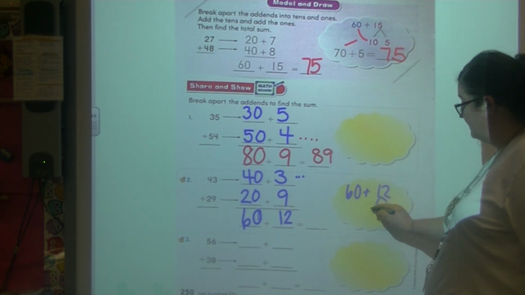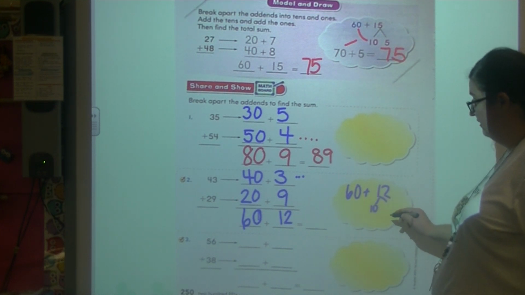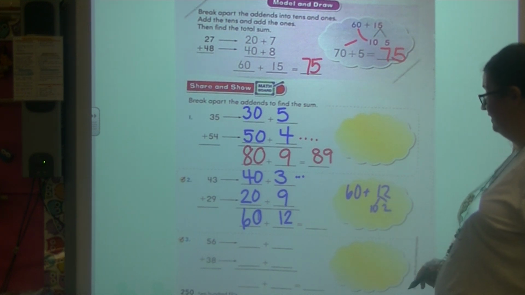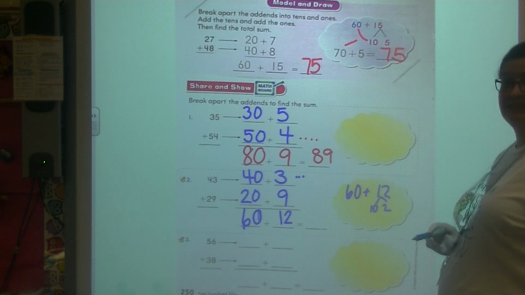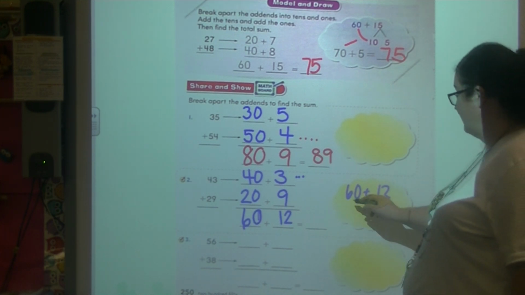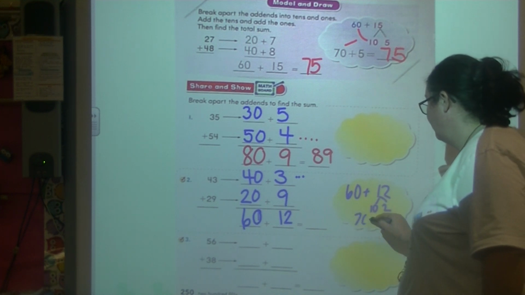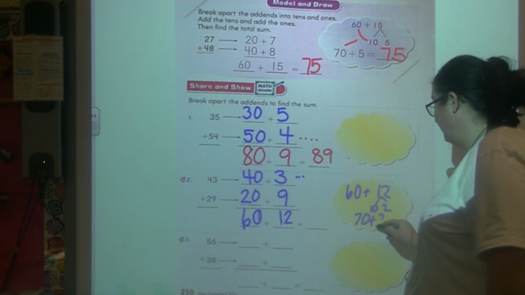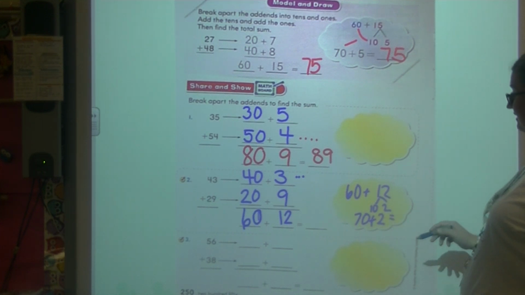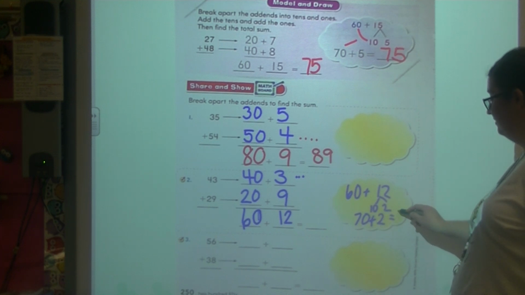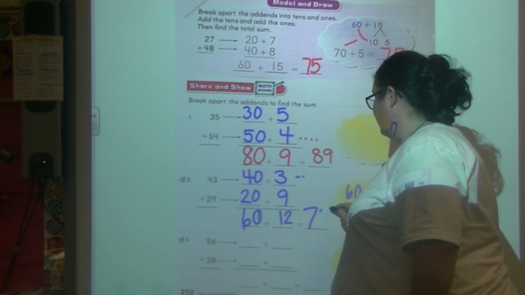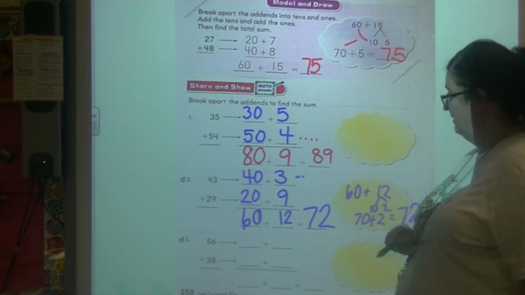So 12 is 10 plus what? 2. 10 plus 2. So now what's 60 plus 10? 70. So now I have 70 plus the 2 left over, 70 plus 2, 72. Our answer is 72 this time.